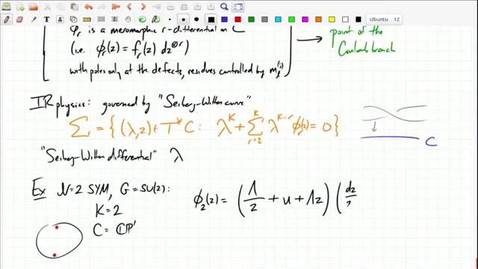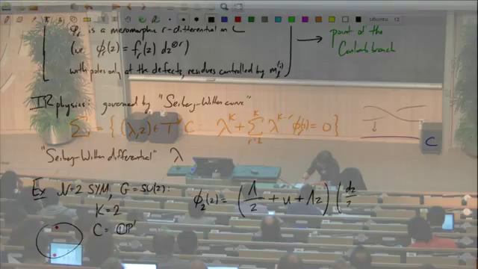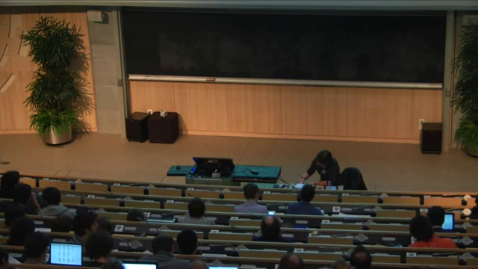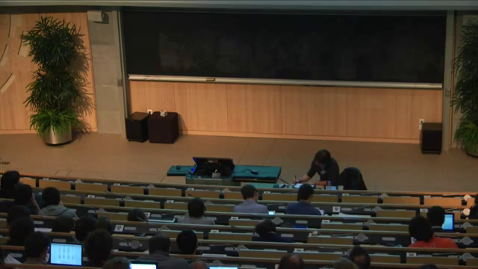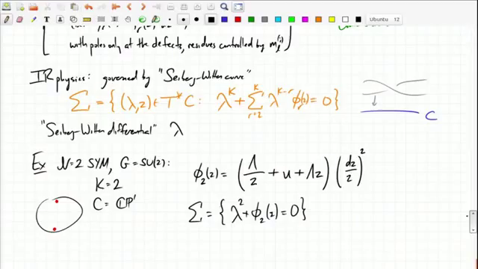And so for the corresponding Seiberg-Witten curve, what is this equation that I wrote? In this case, the equation is just lambda squared plus phi2 of z equals 0. If I represent lambda as y dz, then the equation becomes y squared plus lambda over z cubed plus u over z squared plus lambda over z equals 0.